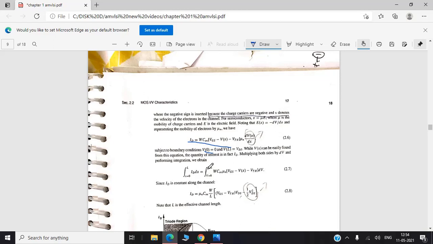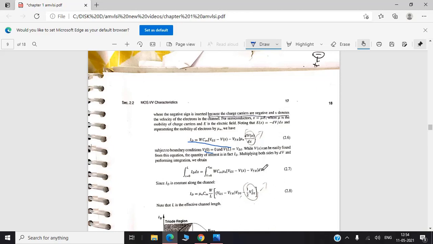Now while substituting for dV here, since ID is a constant, we will take it out, like the simplification, that's all. So that is mu n COX W by L into (VGS minus VTH) into VDS, because this becomes VDS minus, if you substitute here.